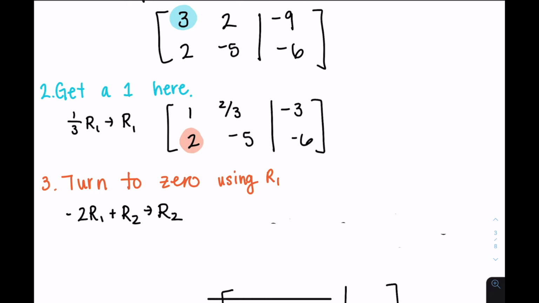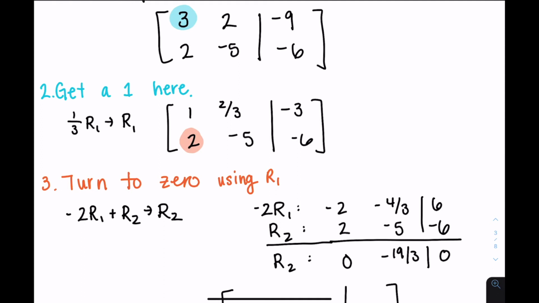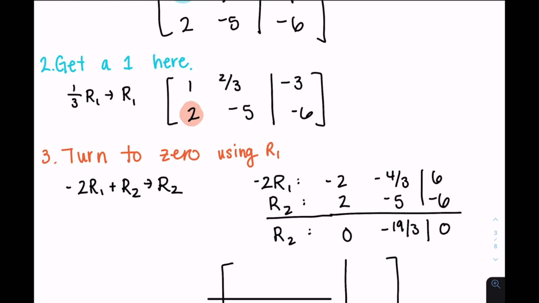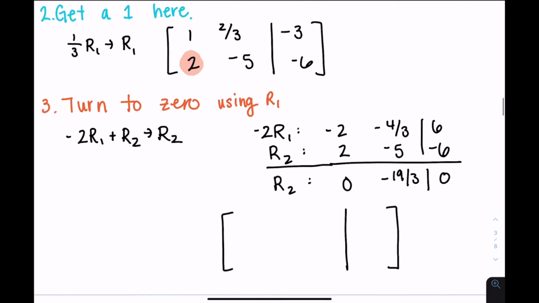So for this example, I'm going to go through those operations. I want -2 times row 1. That'll give me -2, -4 over 3, +6. I'm going to add to this row 2, which I haven't done anything with, and that yields my new row 2. So these end up canceling out, and we get a 0 in that spot, which is exactly what we want. The 6 plus the -6 also cancels out, and then -4/3 plus -5 is -19 over 3.